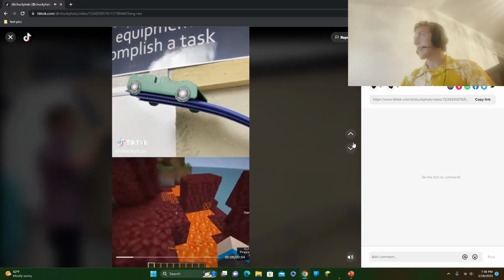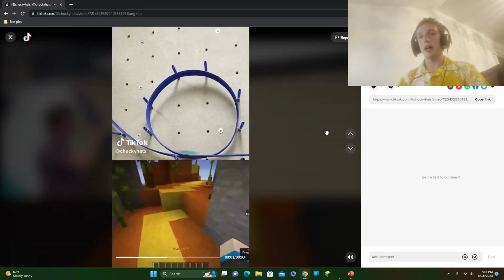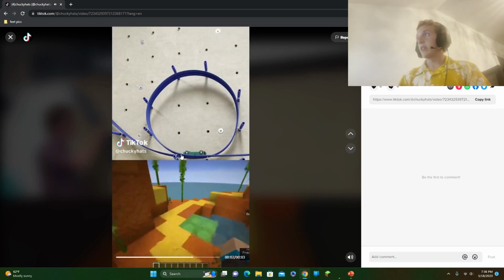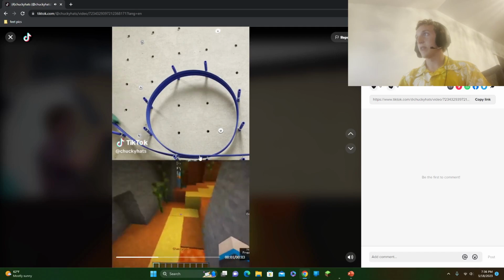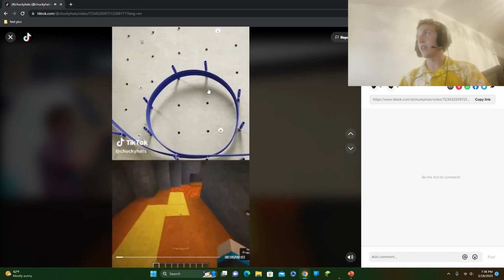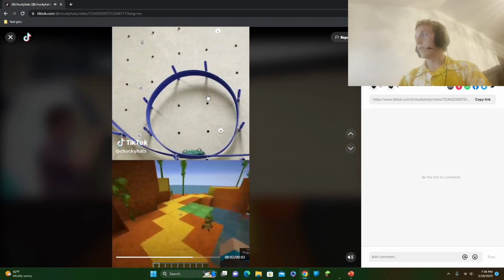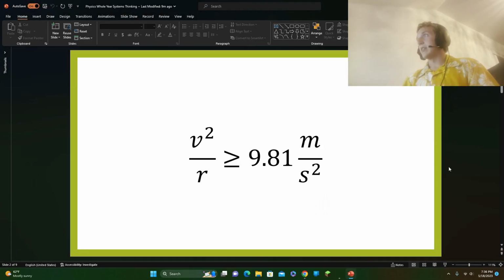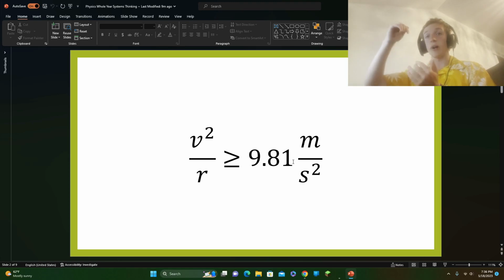Now, the next major mode of failure would happen within the loop. As can be seen here, the cart doesn't have enough acceleration to make it all the way around the loop. Instead, it just falls down over here. And again, this can be explained using our formulas. Specifically, the centripetal acceleration that it needs is going to be 9.81 meters per second squared, because that is what gravity is.